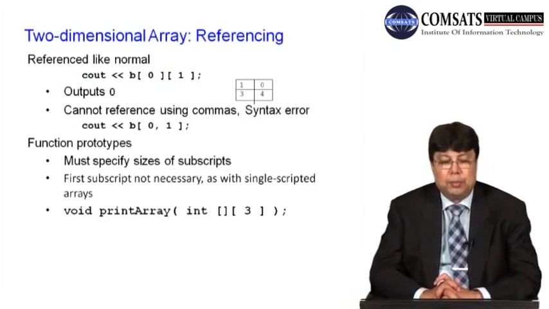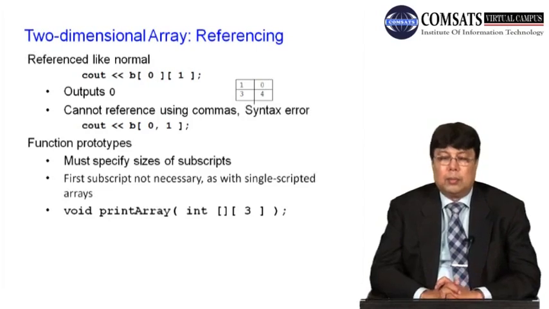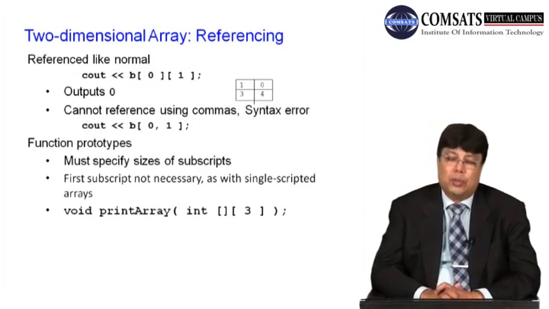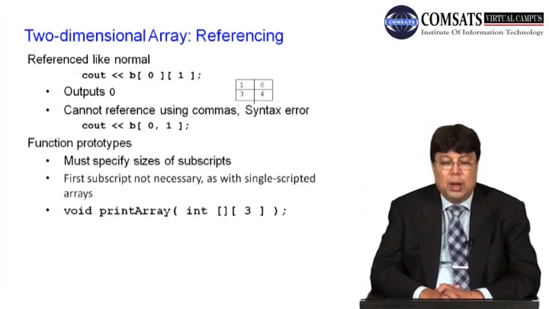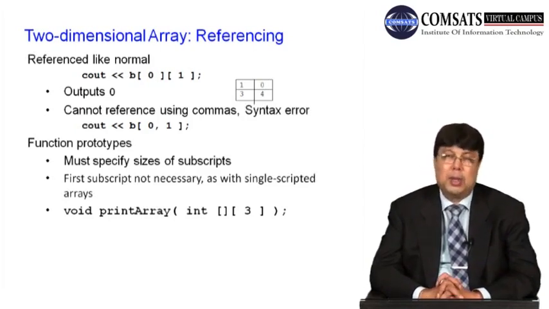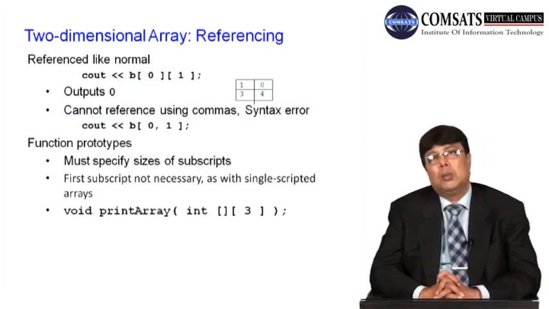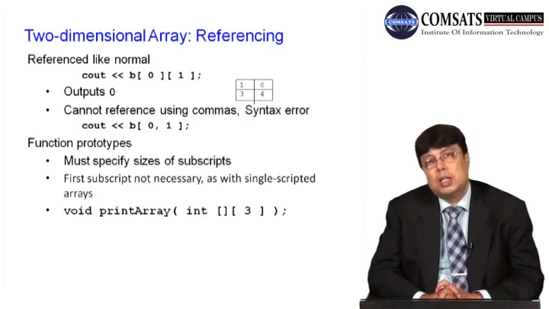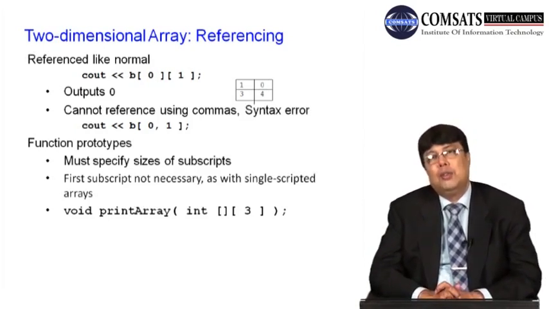Function prototype. You must specify the size of the subscript, but the first subscript is not necessary, as with the single subscripted array. याद है आपको, जब हम function में array को pass on करते हैं, it passes on the complete array and we just need to pass on the size of the array.